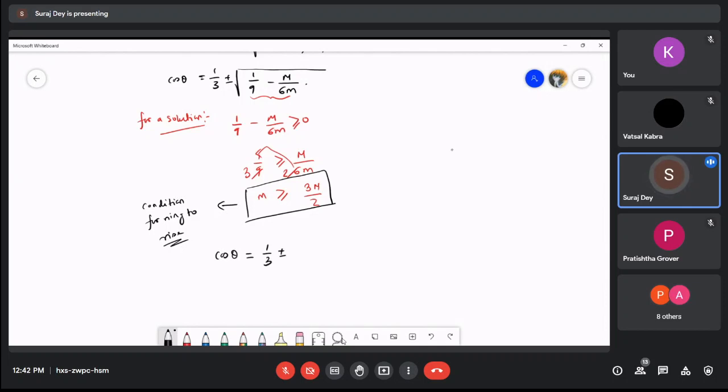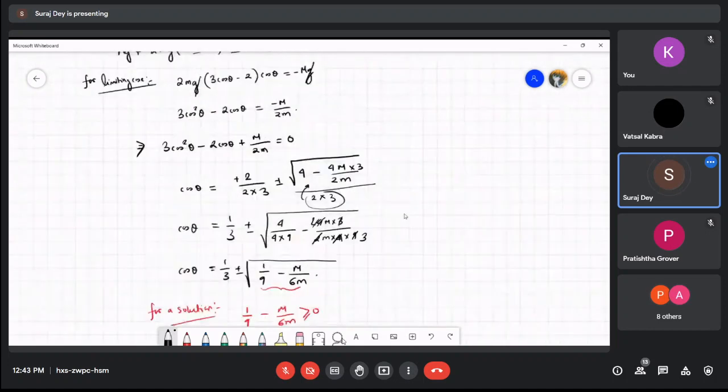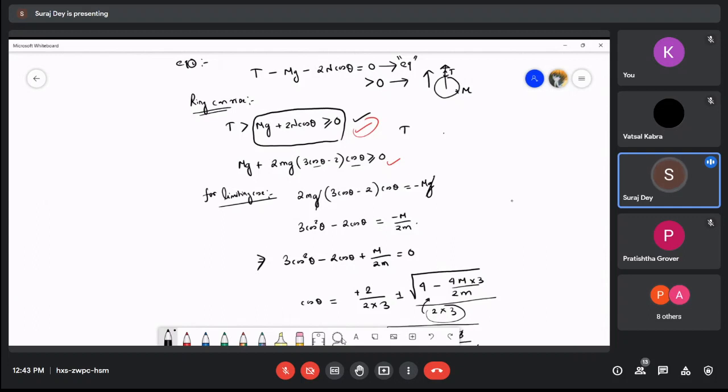So 1 by 3 plus minus. Now here is an ambiguity in plus or minus, right? I have to choose if it's plus or if it's minus. So how do you decide that? So if you look at the tension force in the limiting case, that's when it's in equilibrium, it's given by this form. And you want the tension force to be the maximum possible it can be for the ring to rise.